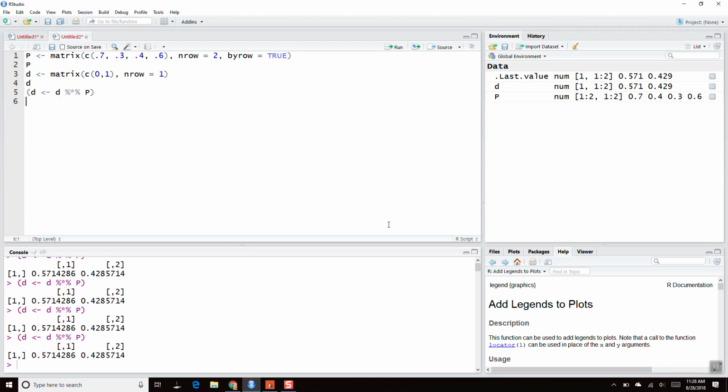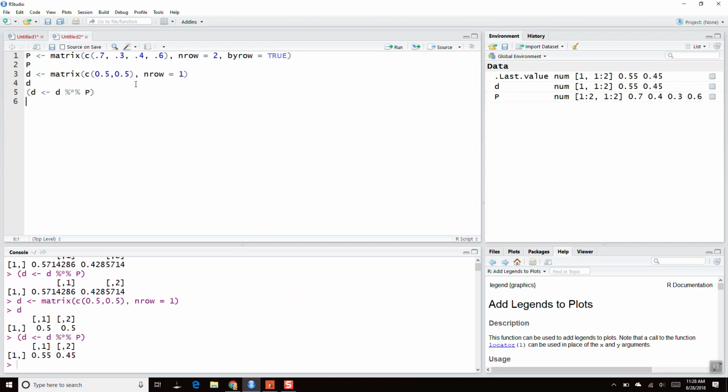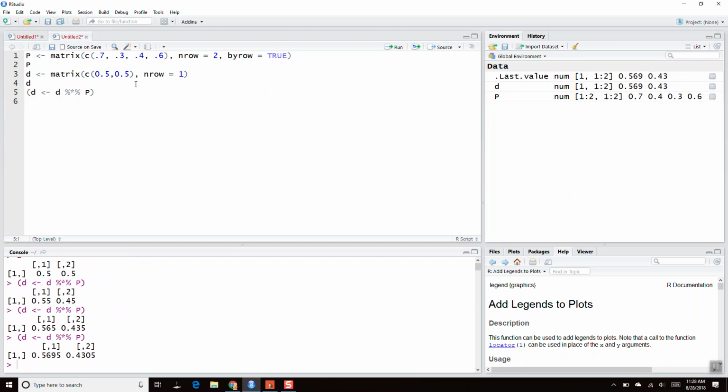And no matter what we have as our initial distribution, as long as it adds up to 1, I can start off with half and half, and I just keep applying the transition matrix, and it converges. All right. Okay, so that's just a silly example with the 2 states.